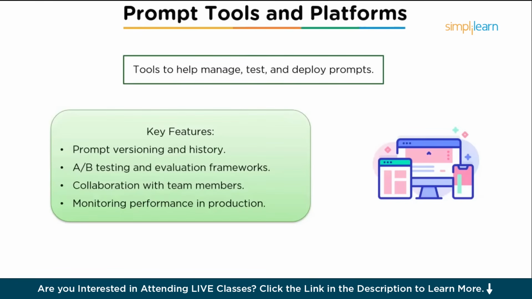Their key features include prompt versioning and history, allowing you to track changes and revert to previous iterations, robust A/B testing and evaluation frameworks for empirically comparing prompt performance, capabilities for seamless collaboration with team members on prompt development, and crucial functionalities for monitoring prompt performance directly in production, ensuring ongoing optimization and reliability.